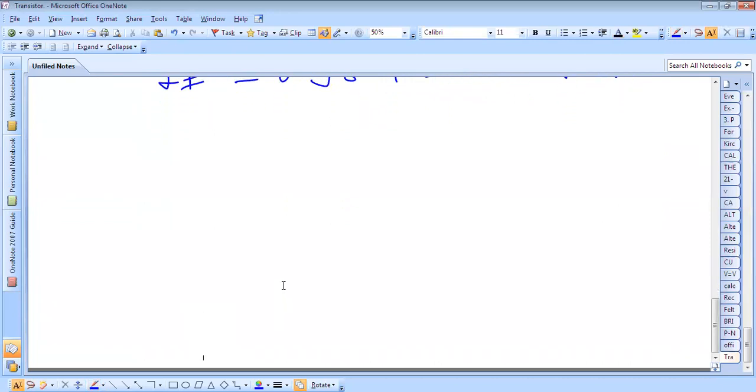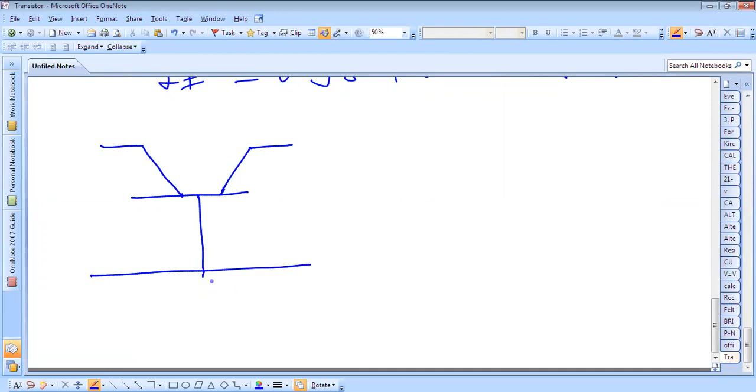Therefore, the common base circuit is shown like this. This base is common, this is the emitter and this is the collector.